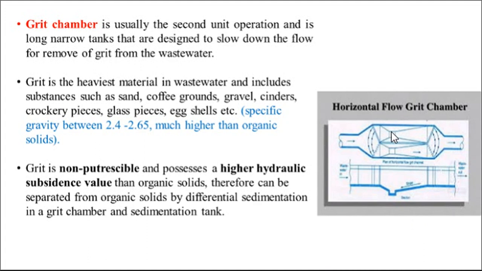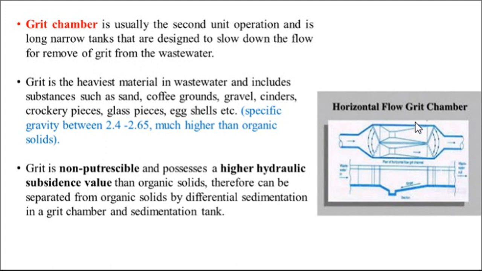The figure shows the horizontal flow type of grit chamber. This is the plan of the grit chamber and this is the cross section. This is the pipe or channel through which sewage is coming to the grit chamber. After the sewage comes to the grit chamber, the flow is divided into two compartments. So 50% of the flow will go to this compartment and the remaining 50% will go to the other compartment.